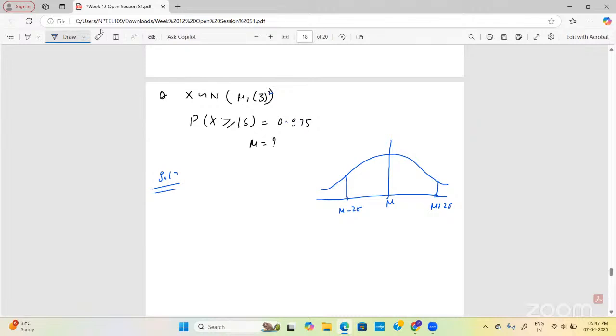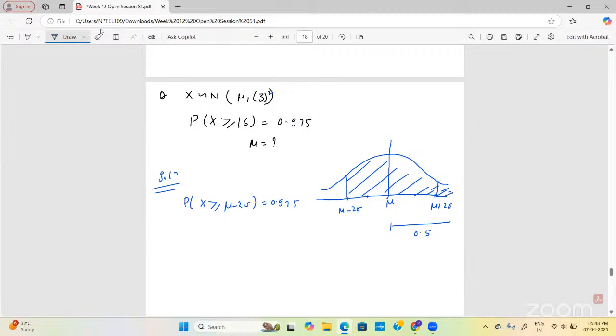If you look at it properly, it is nothing but x is greater than mu minus 2 sigma. This is given.